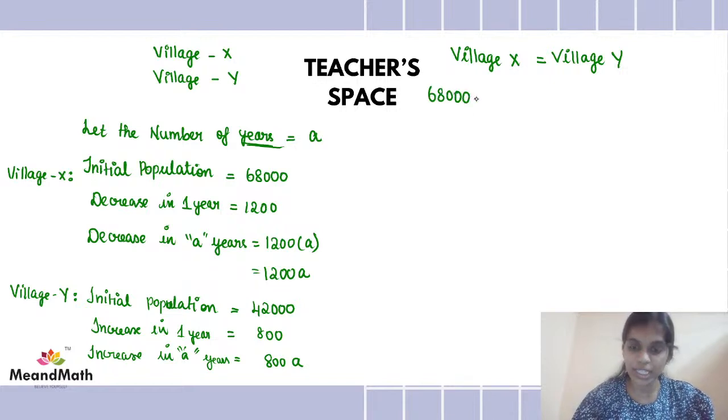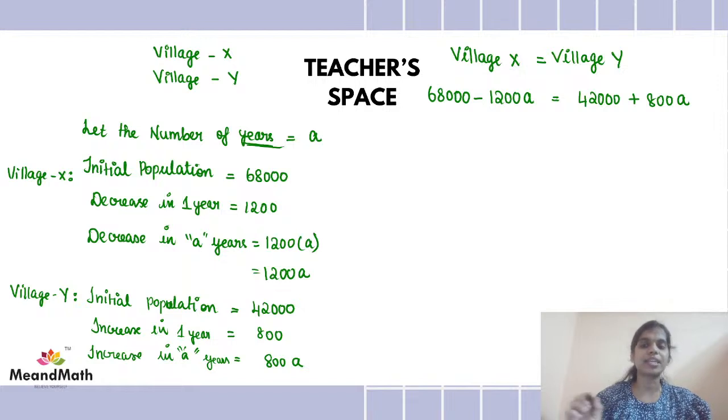68,000 is the total population and 1,200 times A is decreasing population. 42,000 is the total population and 800A is increasing population. Now I'm going to figure it out.